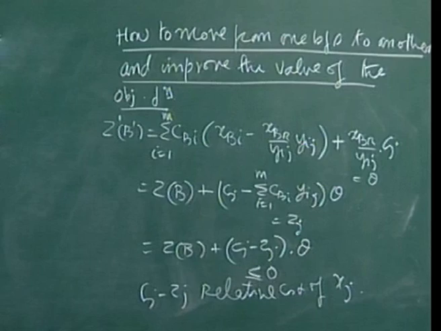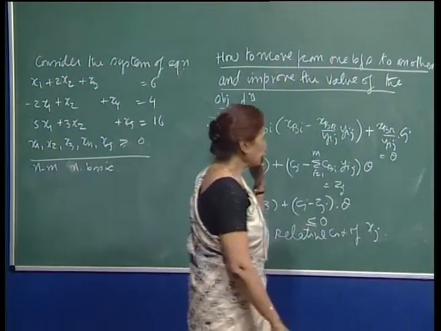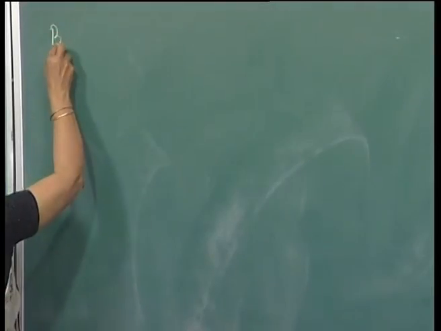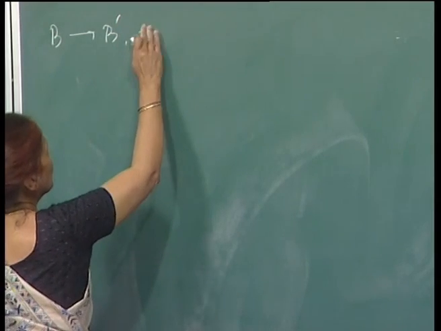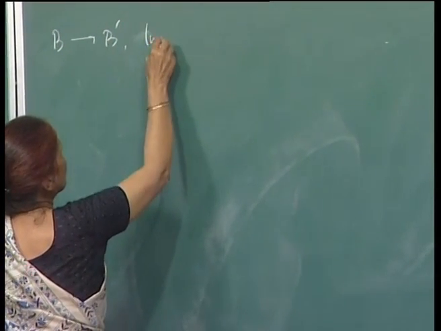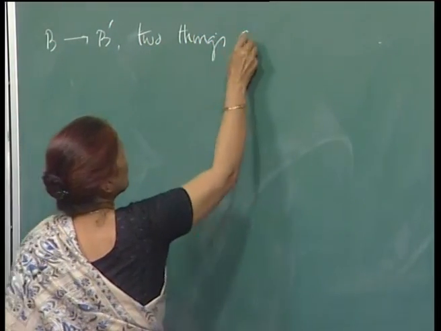Okay. So, two things are possible at this point. When I move from B to B prime, two things are possible.